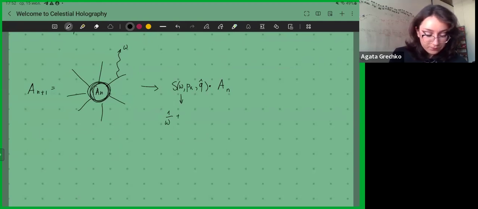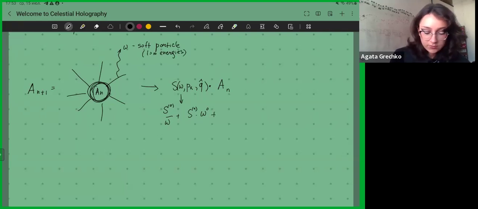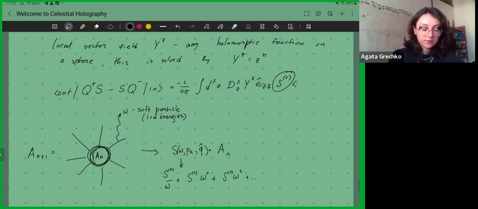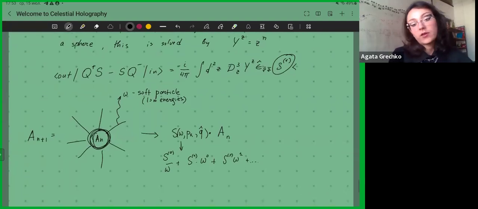Then we have some subleading term times the 0th power of the soft momenta, soft graviton, soft particle, which means low energies, right? And we can continue it for a very long time, etc., etc.